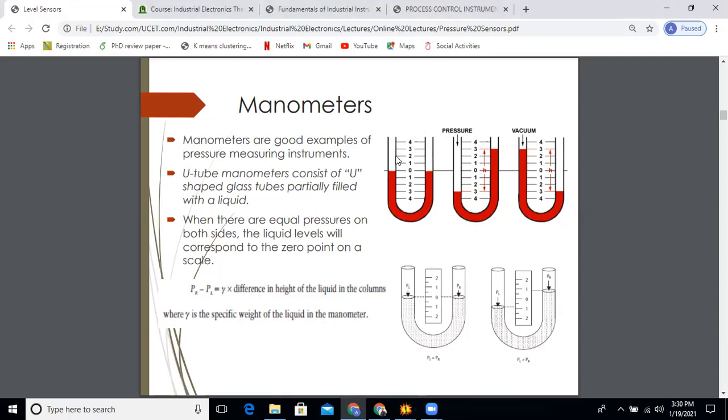We can say this is the weight of the liquid present in this U-shaped tube. Weight is presented in terms of the gamma symbol.